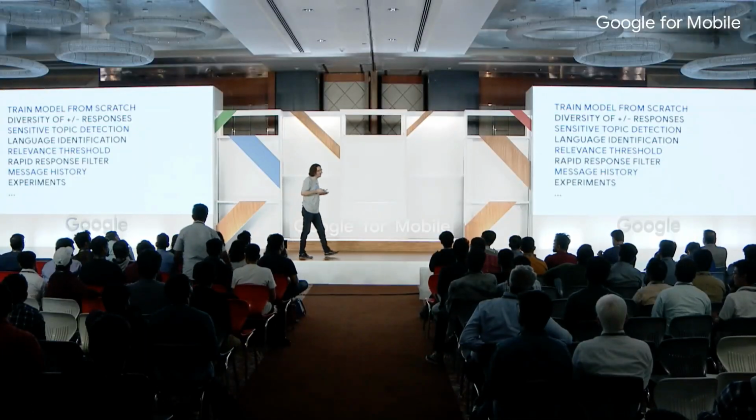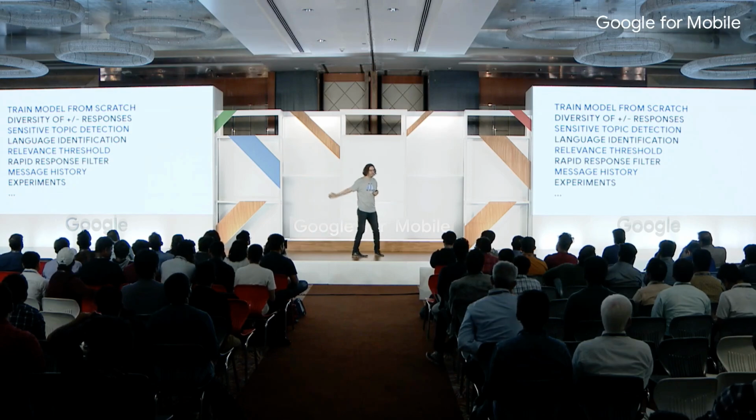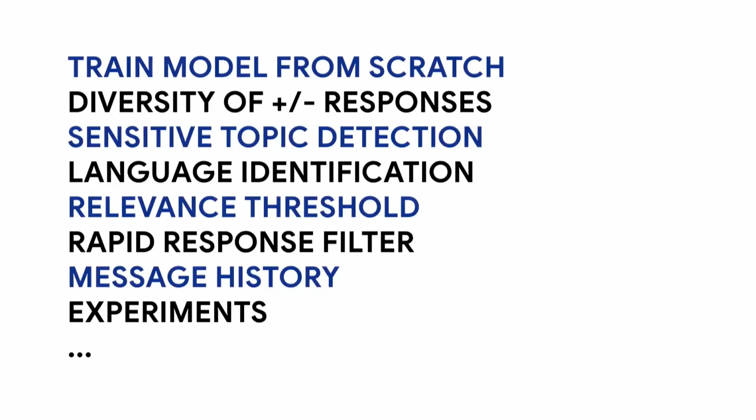Okay, so what did we have to do? Well, we kind of threw away the model, and we started from scratch. So we trained the full model from scratch. We used a lot of data to train it. We had to take care of other things as well, like the topic that you saw, like sorry for your loss. That is called a sensitive topic. So we had to detect sensitive topics.